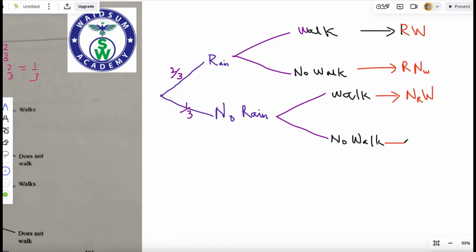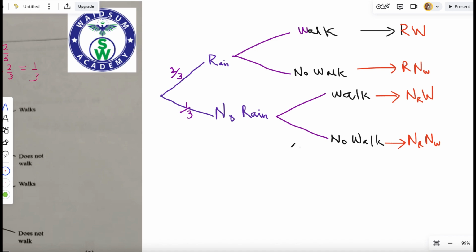It didn't rain, and you didn't walk to school. So these are the 4 possibilities we have.